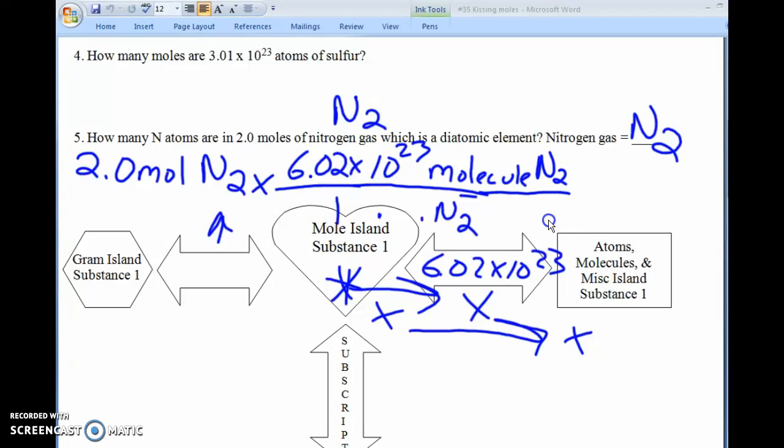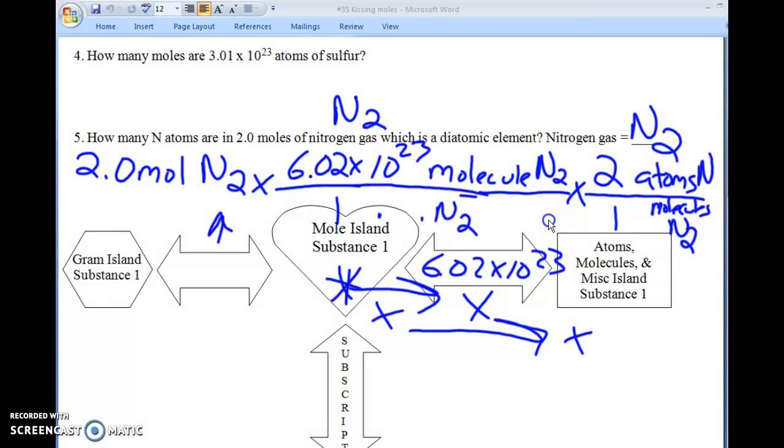Well, if it wants it in atoms and we're in molecules of N2, that's not where we need to be, so we need to go one more step. So we go molecules N2 down there, and we can go to atoms of N. So in every molecule of N2, there are 2 nitrogen atoms.